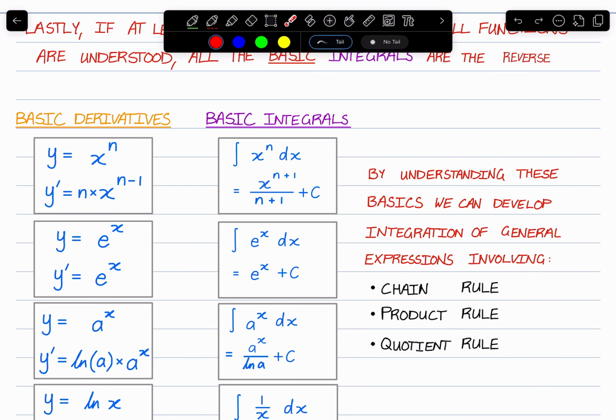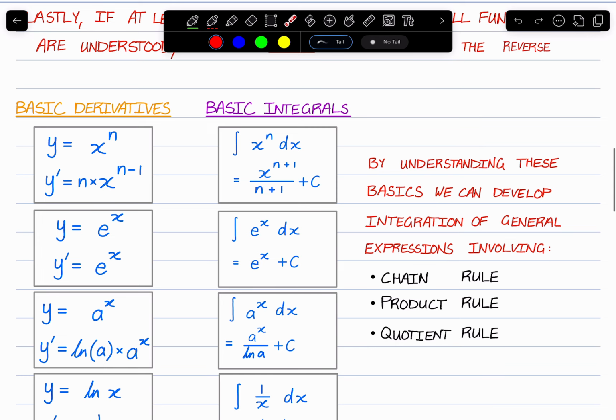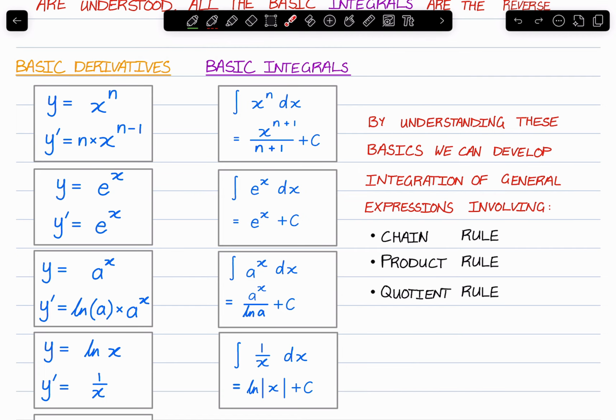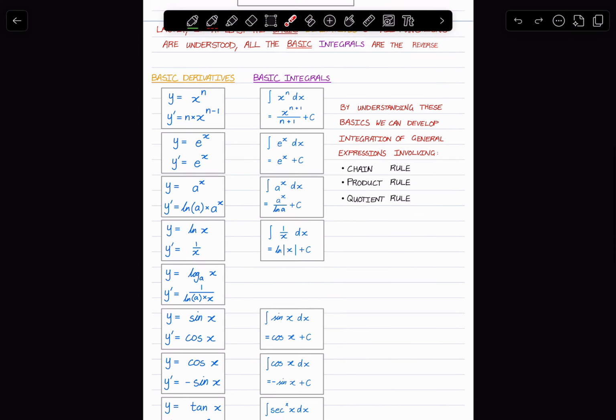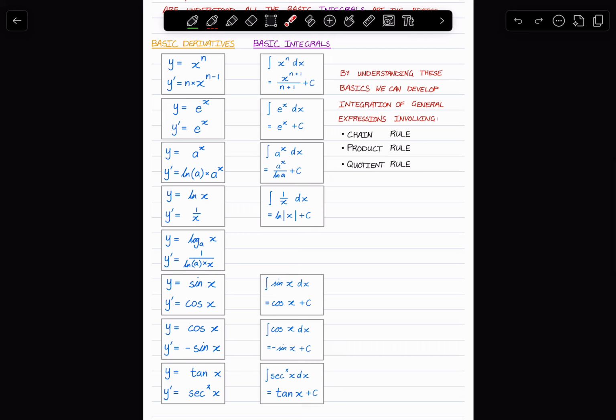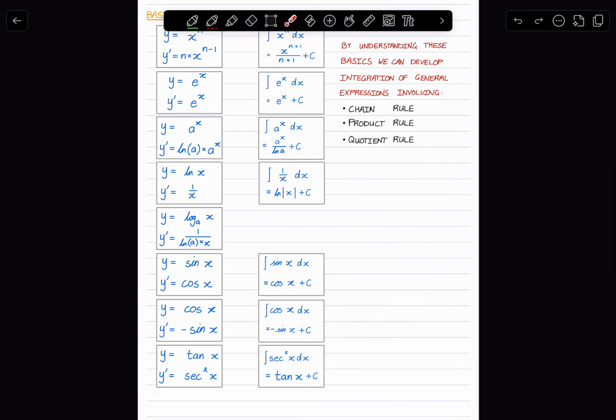Now, I'm not going to go in depth with all of these. We're going to learn all of these as we encounter each function. But just know that if you're familiar with the absolute basics of differentiation, with no chain rules or product rules, you already know all of the basic integrations with just a plus c at the end of each of them.